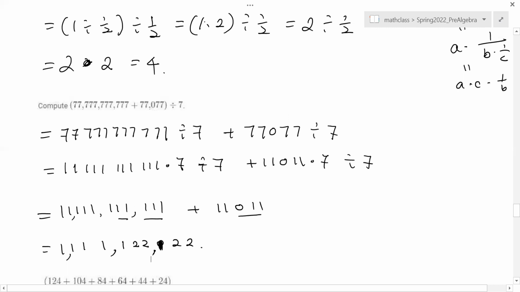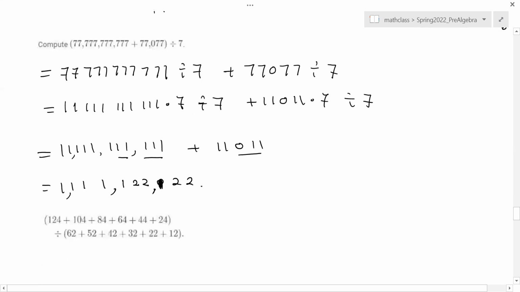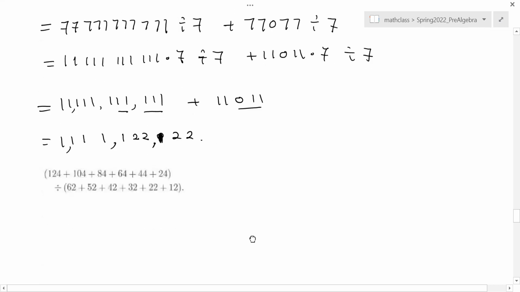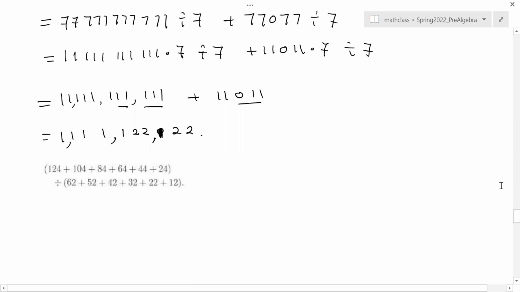All right, now take a look at the next problem. Is there any better way we can solve this? 12^4 plus 10^4 plus 8^4 plus 6^4 plus 4^4 plus 2^4, divided by 6^2, 5^2, 4^2, 3^2, 2^2, and 1^2. What is the best way to simplify it?